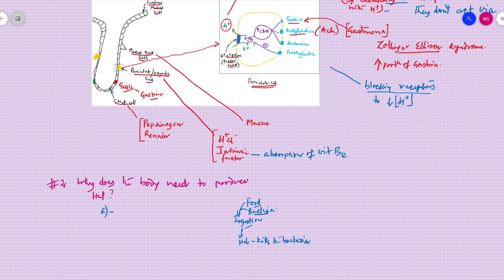And how does the body do that? It utilizes HCl. The concentration of HCl within the stomach is not a conducive environment for the bacteria to thrive. So these bacteria die, they become metabolically inactive.